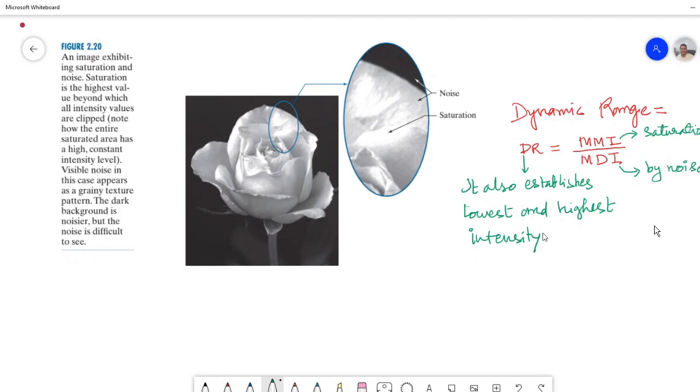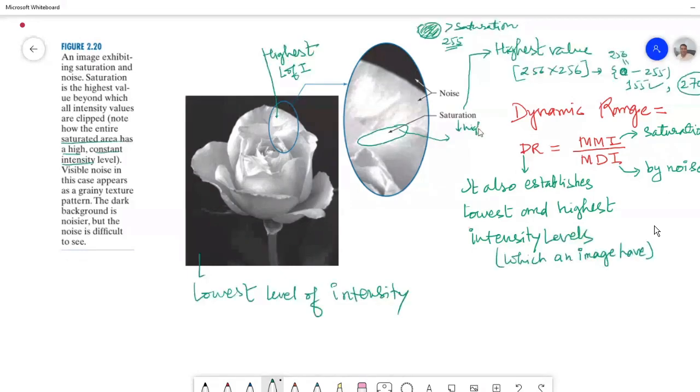So the first thing is that this saturation has the highest value, whatever it is. The second thing is that it will be constant. Is that clear? So I think this dynamic range and constant saturation must be understood.